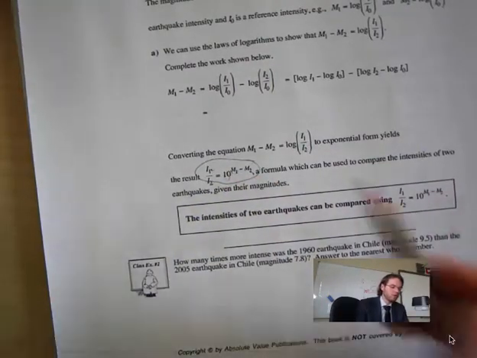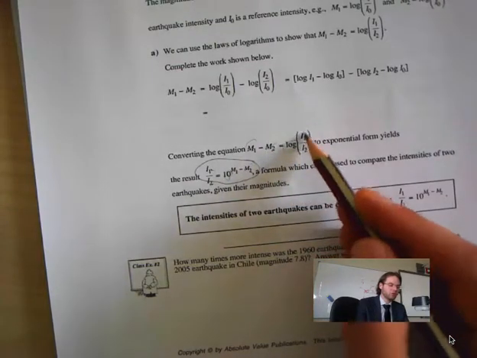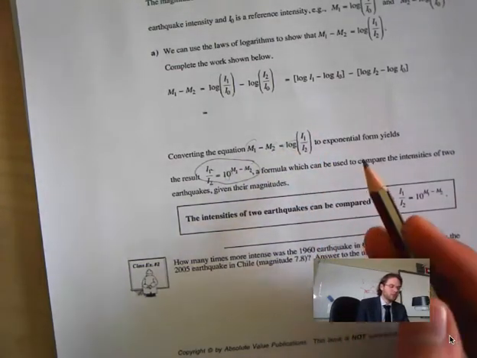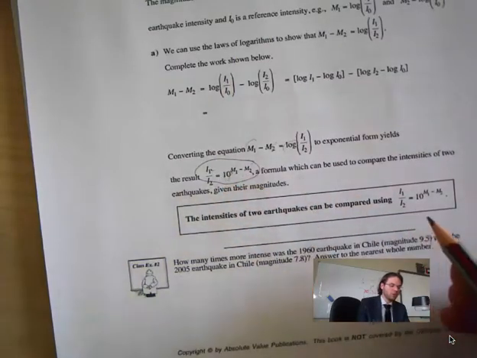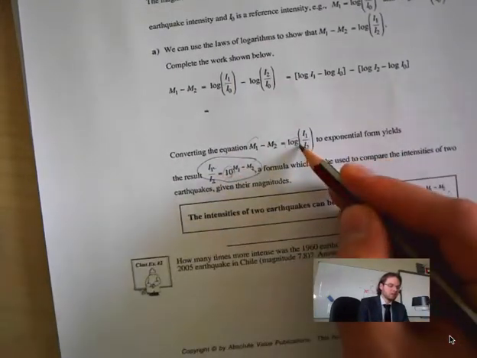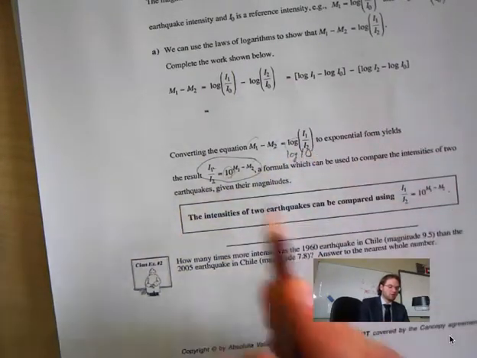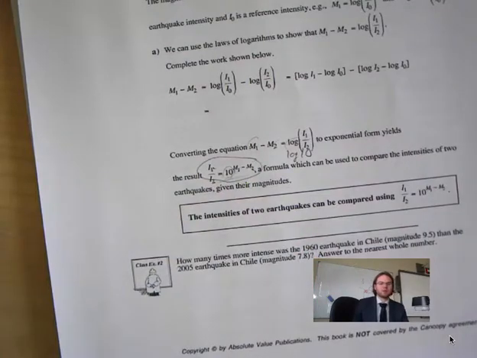Or in other words, the magnitude of the first minus the magnitude of the second is equal to the logarithm of this divided by that. Because if we do this, all we do is log both sides. If I was to log this, this is in base 10. So that's like saying all this divided by log 10, right? Because we'd have to divide this by log 10 if we rearranged.